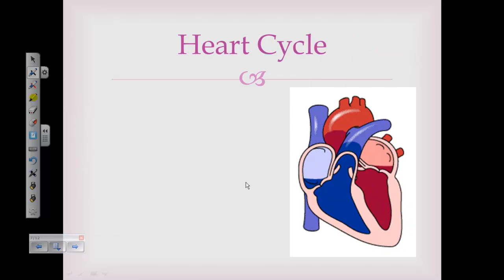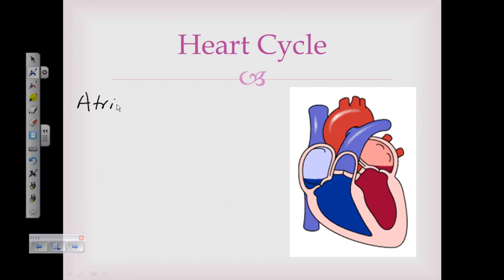So, good little visual. Okay, so the heart cycle: there are 2 parts to the heartbeat, and the first part is when the atria contract, and we're going to call this diastole.